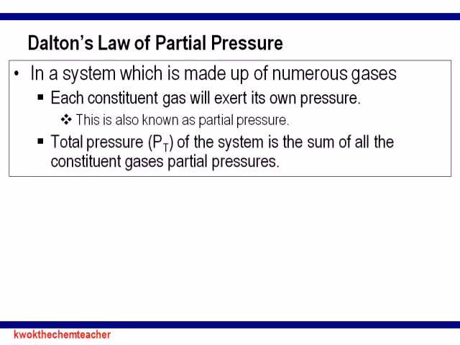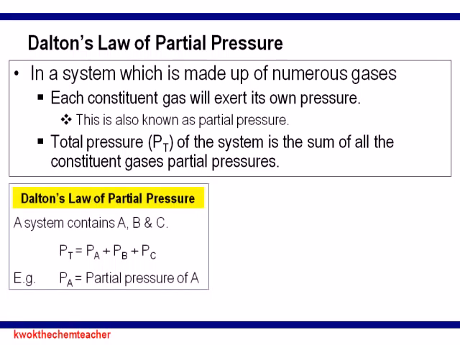The total pressure, or PT, of the system is the sum of all the constituent gas partial pressures. Hence, by Dalton's law of partial pressure, when we have a system containing A, B, and C, and all three are gases, the total pressure of the system will be the partial pressure of A plus the partial pressure of B plus the partial pressure of C.